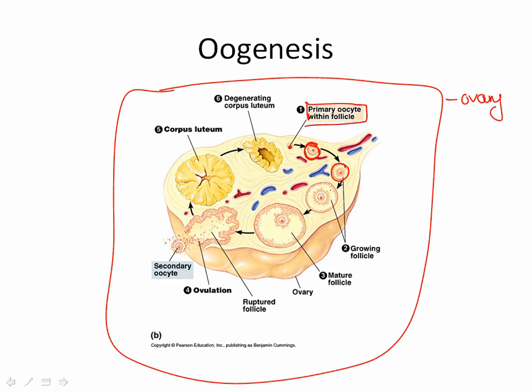As the egg develops, you can see, so does this follicle until it reaches a mature state. And the mature follicle we're going to call a Graafian follicle.